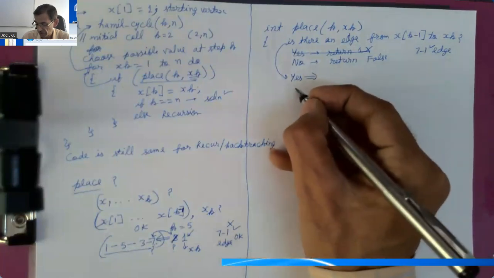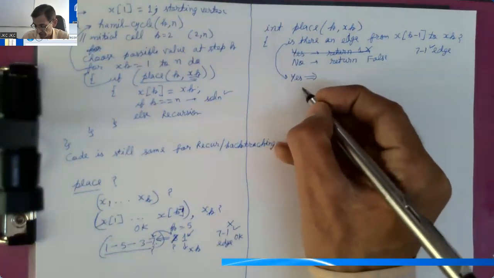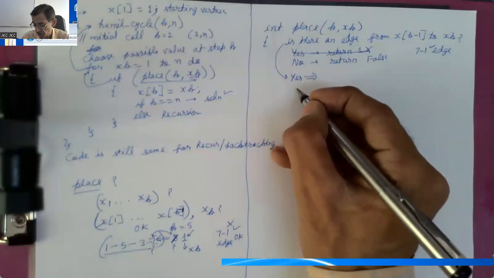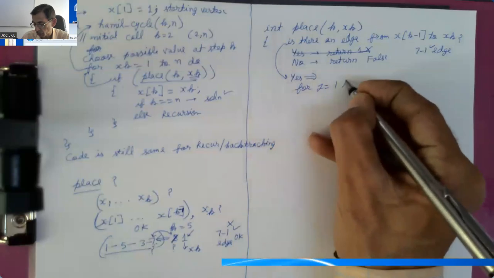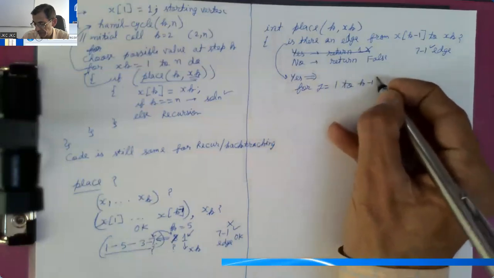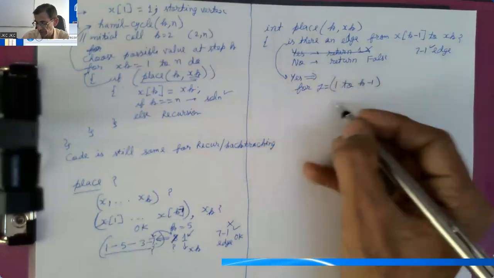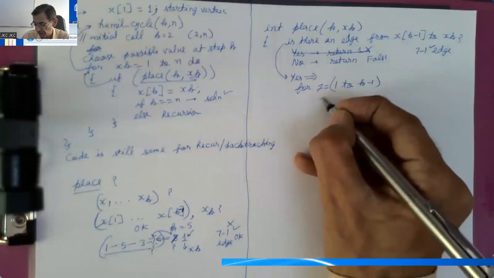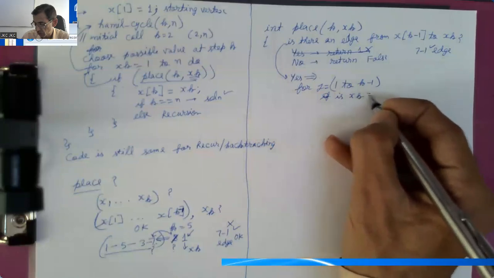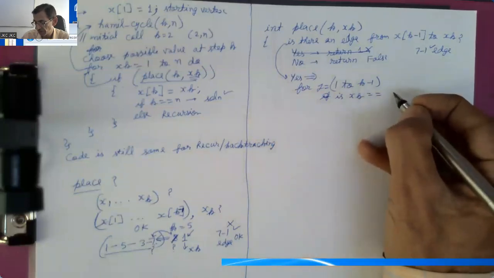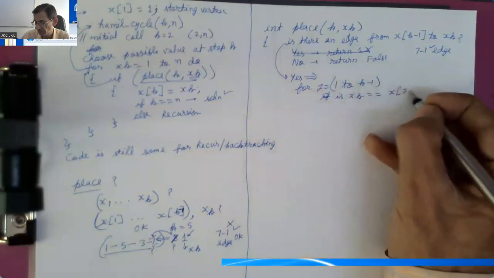So if yes, that will mean I have to check whether it is already visited or not. How to check? Obviously, I will need a loop. Up to k minus 1 decisions have been made. So I can say from j equal to 1 to k minus 1, I'll check, is xk equal to already visited? That effectively means xj.